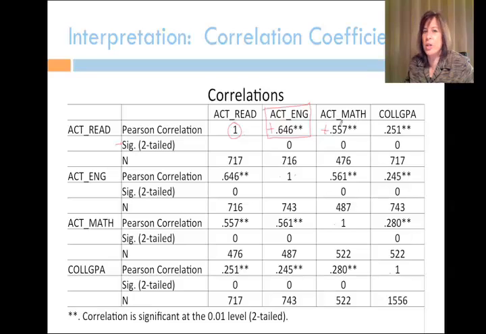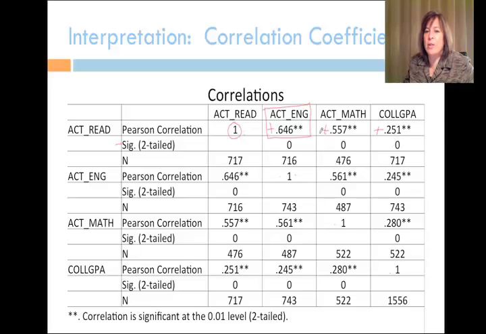Just looking at the relationship between these two variables. Let's look at ACT reading score versus college GPA. Again, the Pearson R is positive, meaning that as ACT reading score goes up, college GPA goes up.